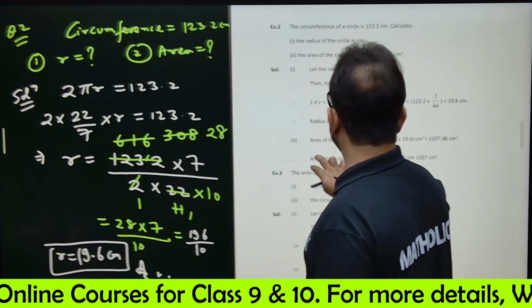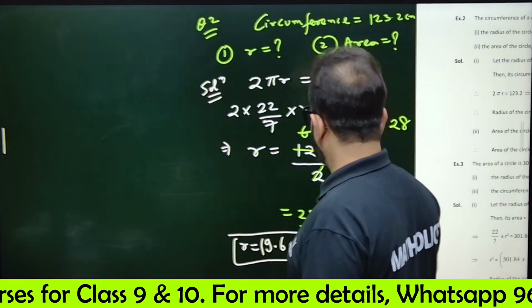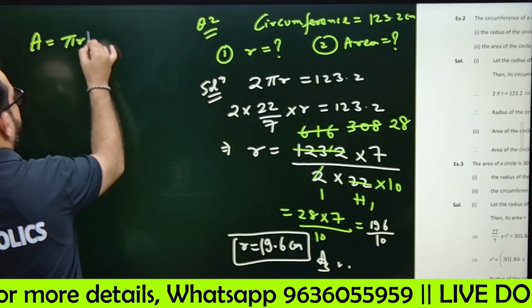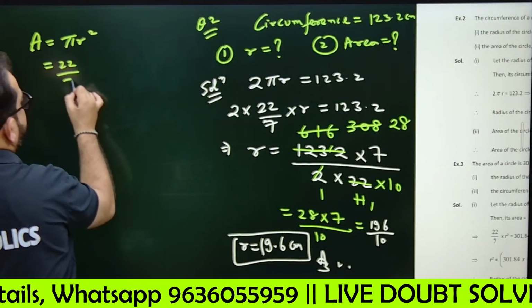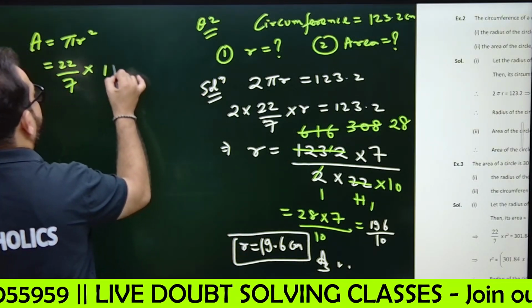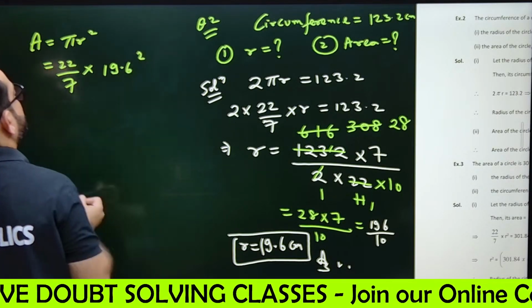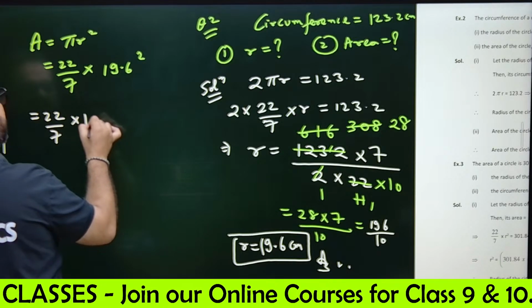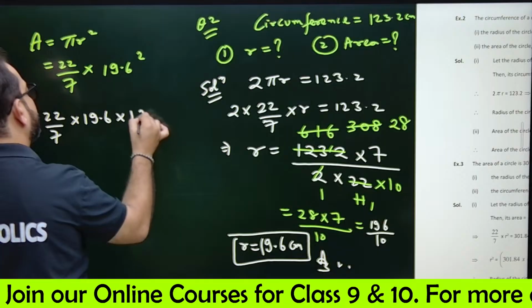Now how to calculate the area? If you want to find the area, you write area equals pi r square, which is 22 by 7 into r square. R is 19.6, so it will be 19.6 square. I'll write it as 22 by 7 into 19.6 into 19.6.